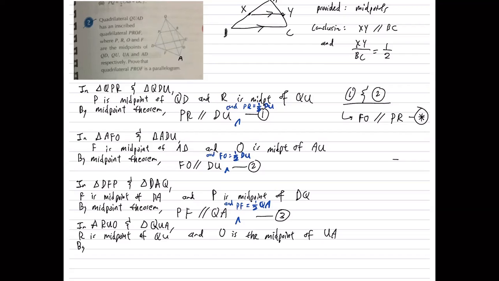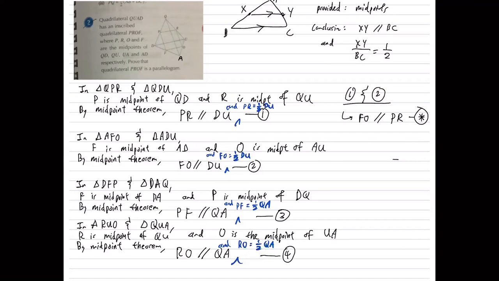This implies that by the midpoint theorem, the bases are parallel. So RO and QA. And RO is half of QA, or RO over QA equals half. It's just a little bit more of algebra to bring the QA over.